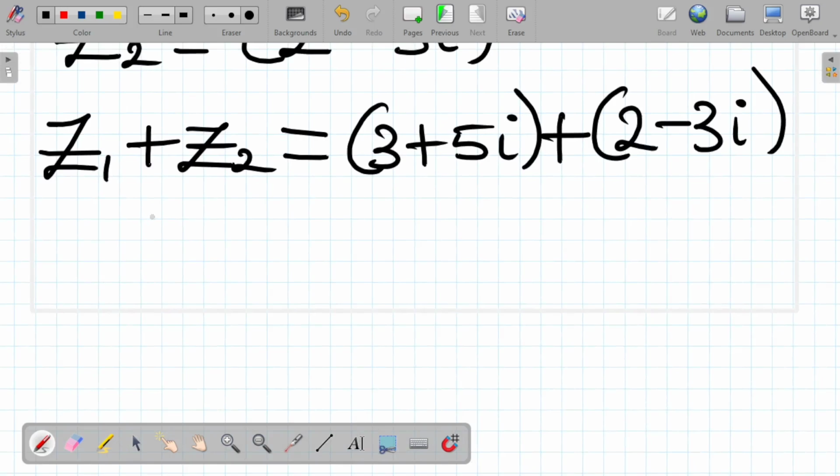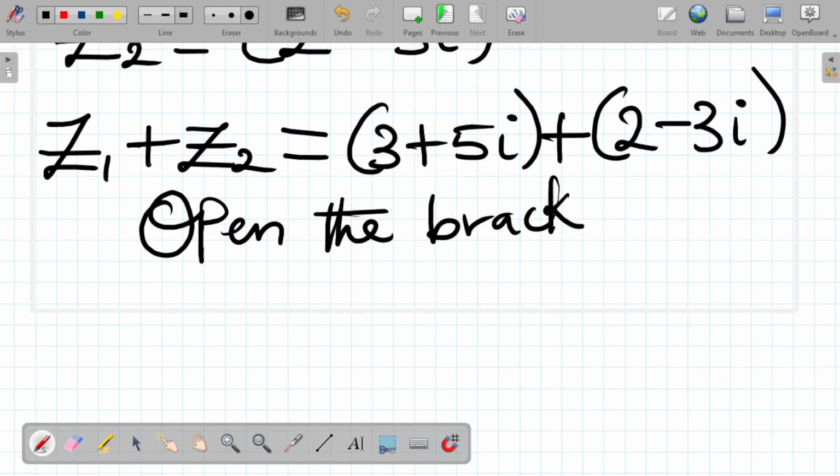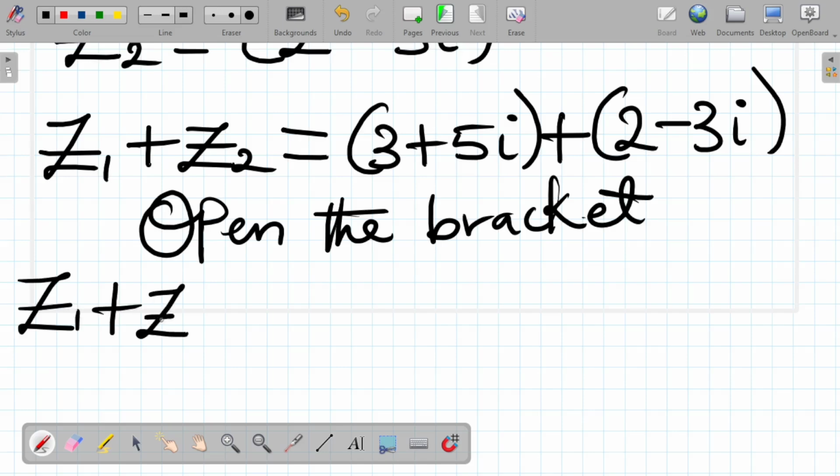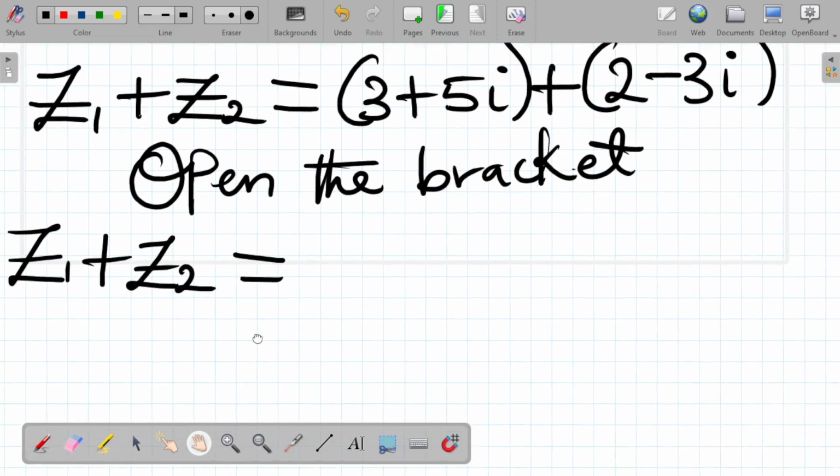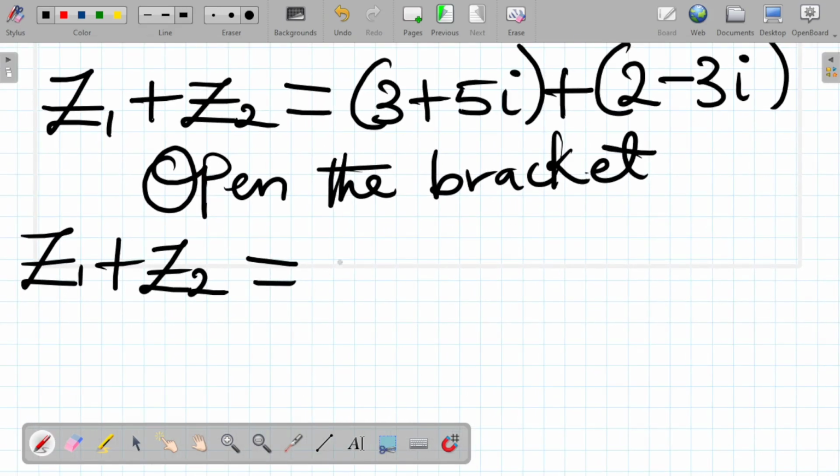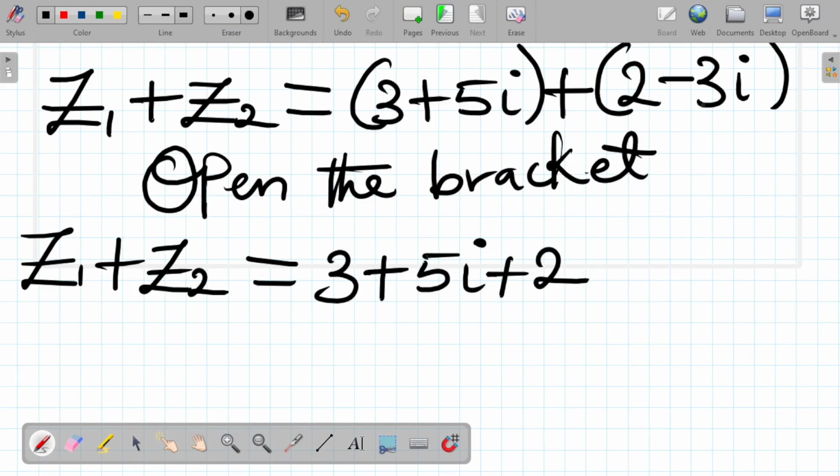So now let's open up the bracket. So z1 plus z2 is equal to 3 plus 5i, and then plus multiplies 2 is plus 2, and then plus multiplies minus 3i, it is minus 3i.